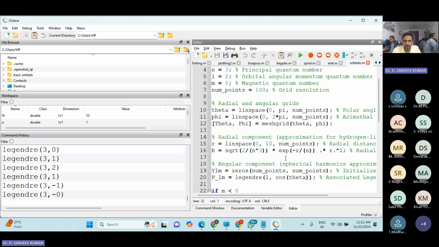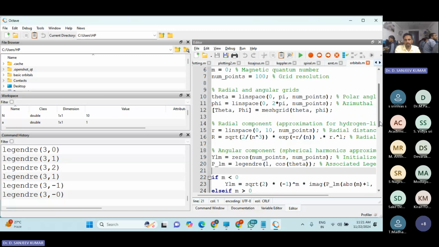That is what this PLM is, the Legendre polynomial. So the inputs for the Legendre function are L value and cosine theta.